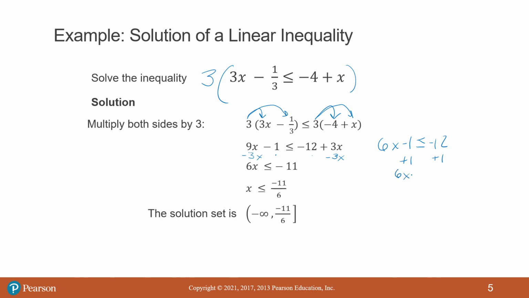That leaves us with 6x is less than or equal to -11, which brings us right back to this step right here. Now, to get x by itself, we're going to divide by 6 on both sides, and this gives us that x is less than or equal to -11/6.